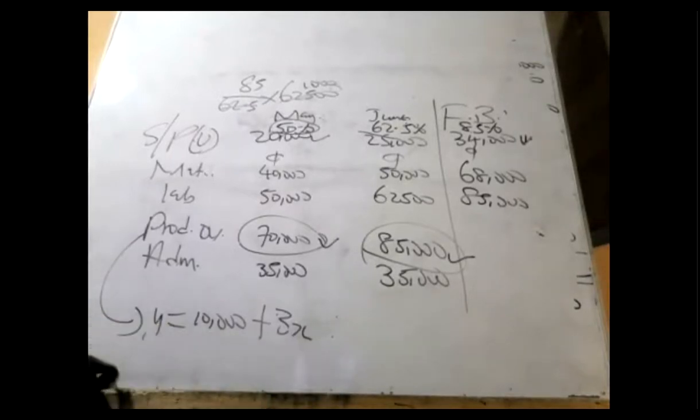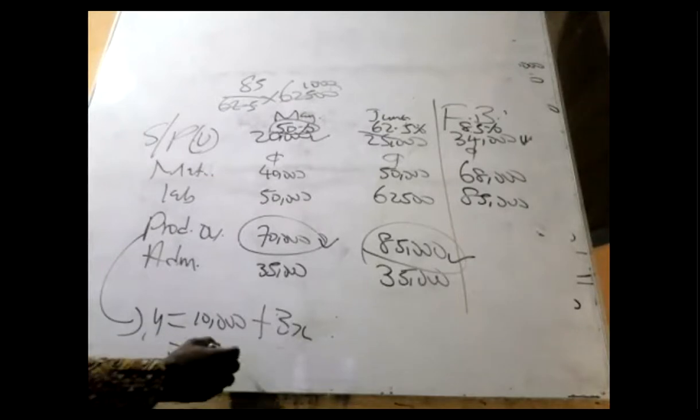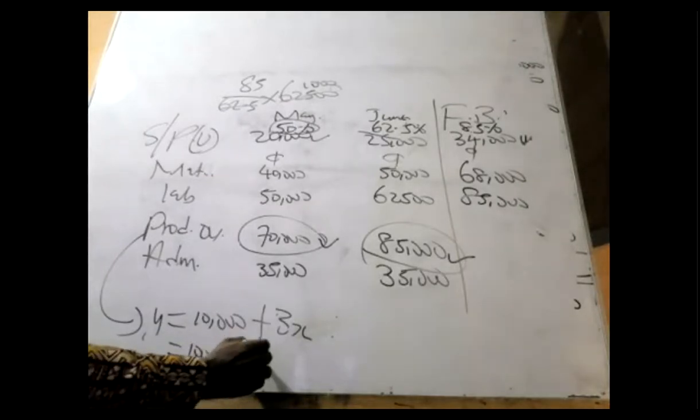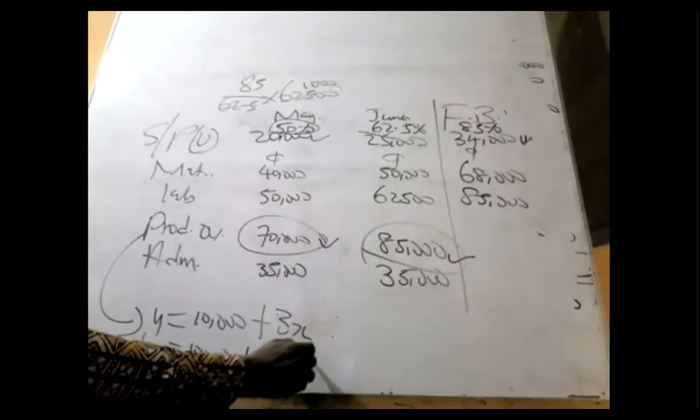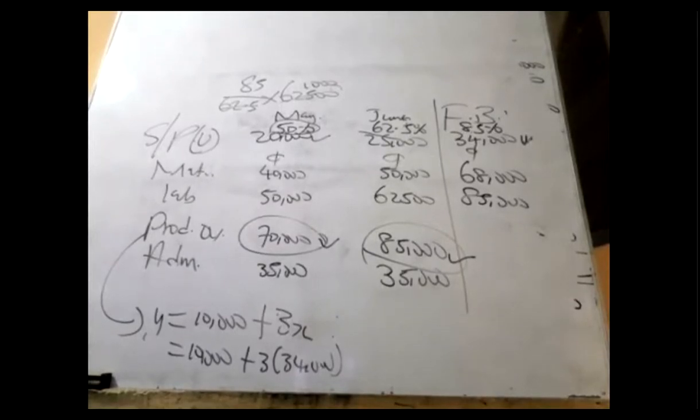It is equal to the fixed cost of 10,000 plus 3 times 34,000, which gives us 3 by 34 plus the 10,000.